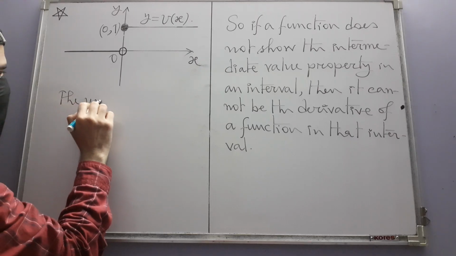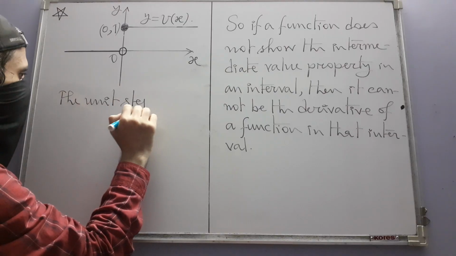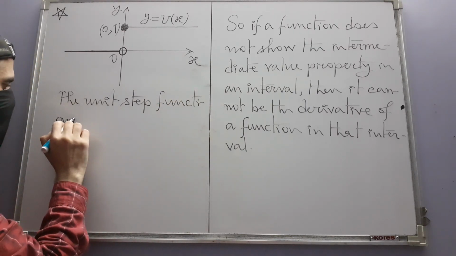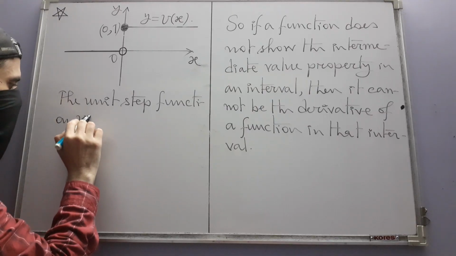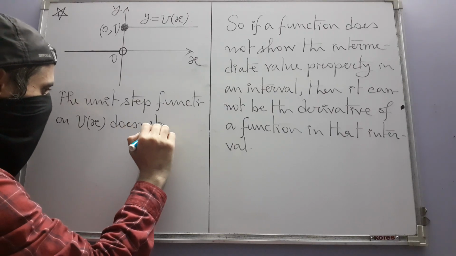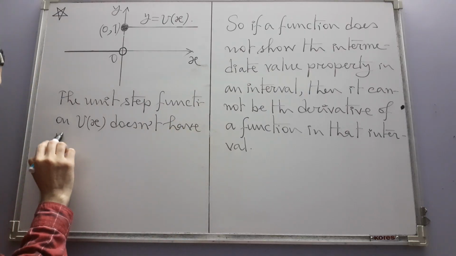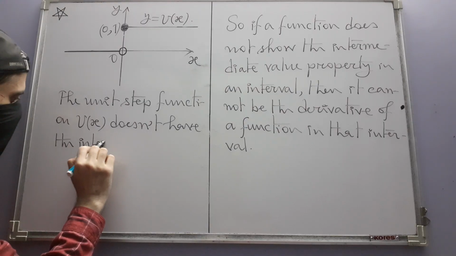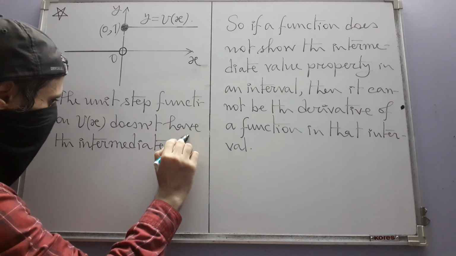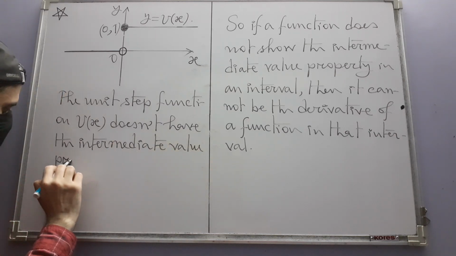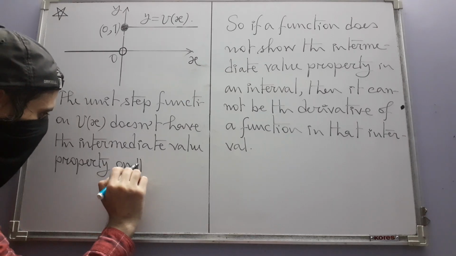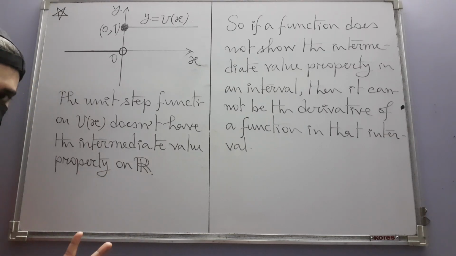The unit step function u of x doesn't have the intermediate value property on R. R itself is also an interval.